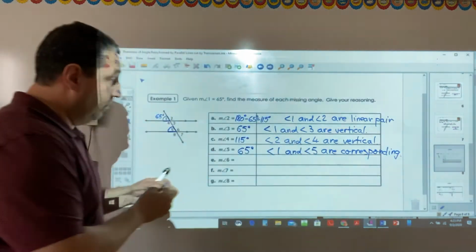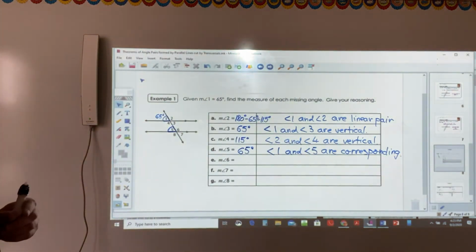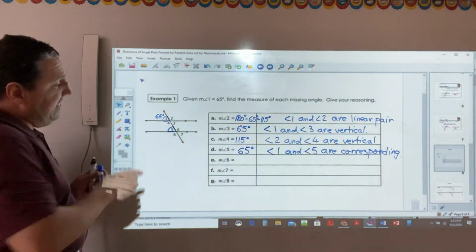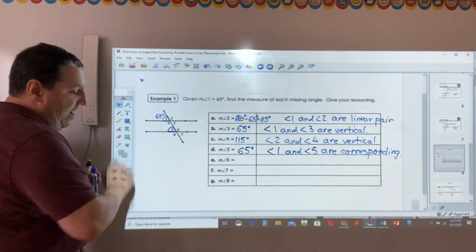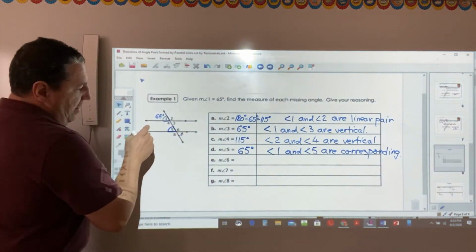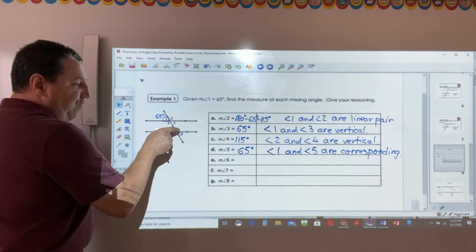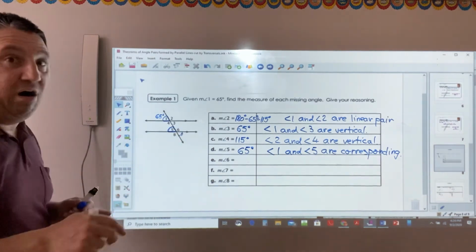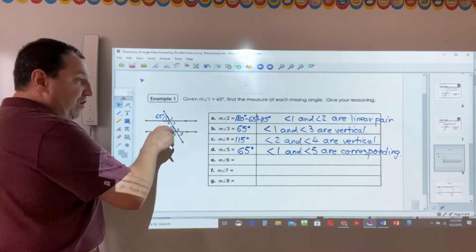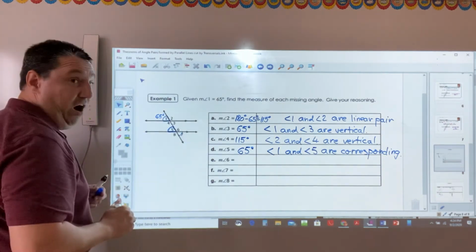Good. Next, measure of angle. Which one is easier to find? Measure of angle 7. Why? Because angles 5 and 7 are vertical. They share a common vertex and their sides are opposite.